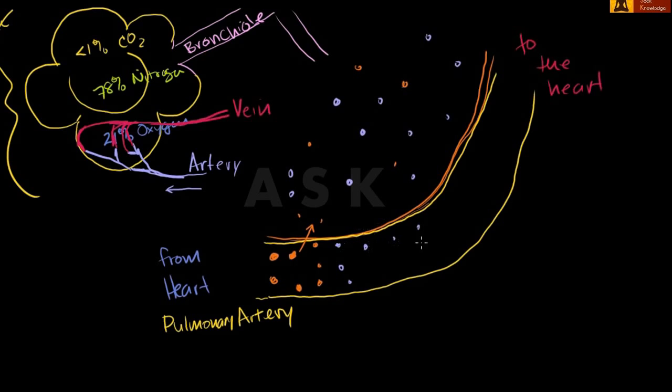While pulmonary veins, which is, it's arbitrary when the artery turns into a vein, but we can say once it gets oxygenated, it's ready to go back to the heart. It's a vein, it's a pulmonary vein, and it is oxygenated. And we could write deoxygenated.